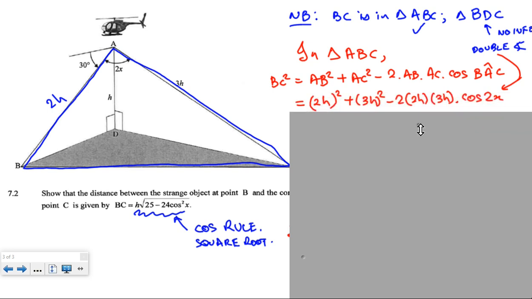Clearly, with all the information that you have, AB squared is (2h) squared plus (3h) squared for AC, minus 2 into, this is important, don't make that mistake, watch the negative signs, minus 2 into 2h times 3h times cos of 2x. Once again, special angles.